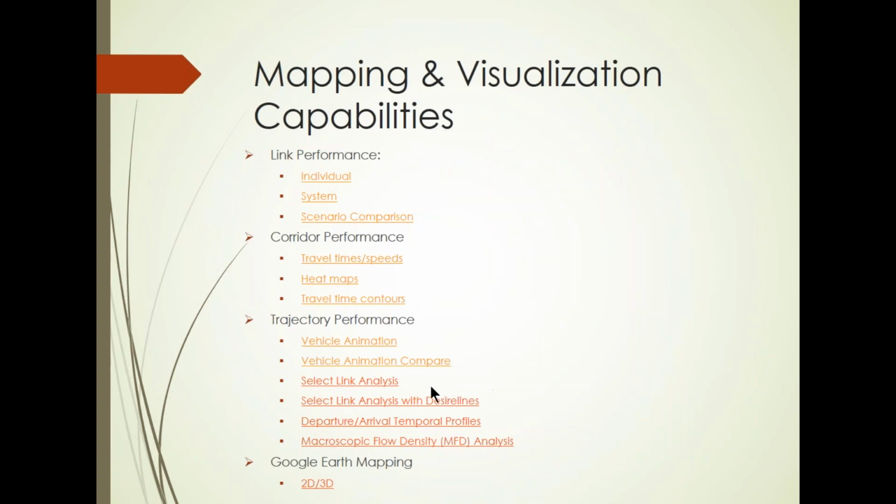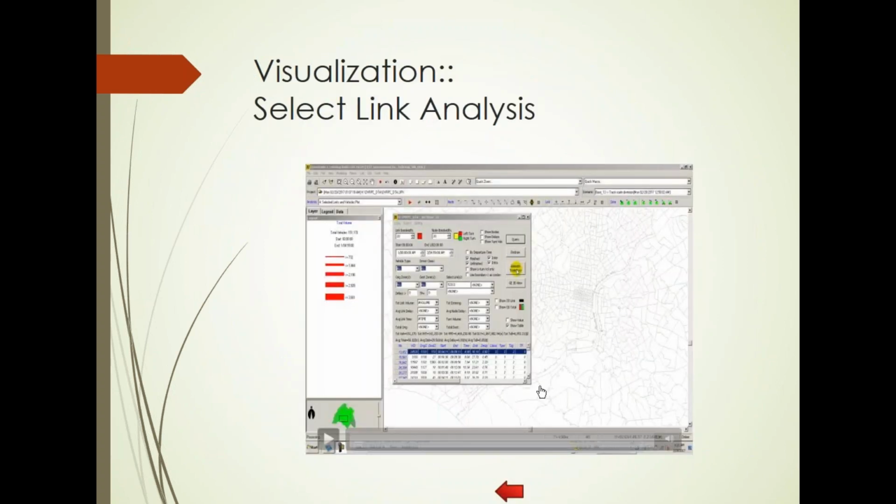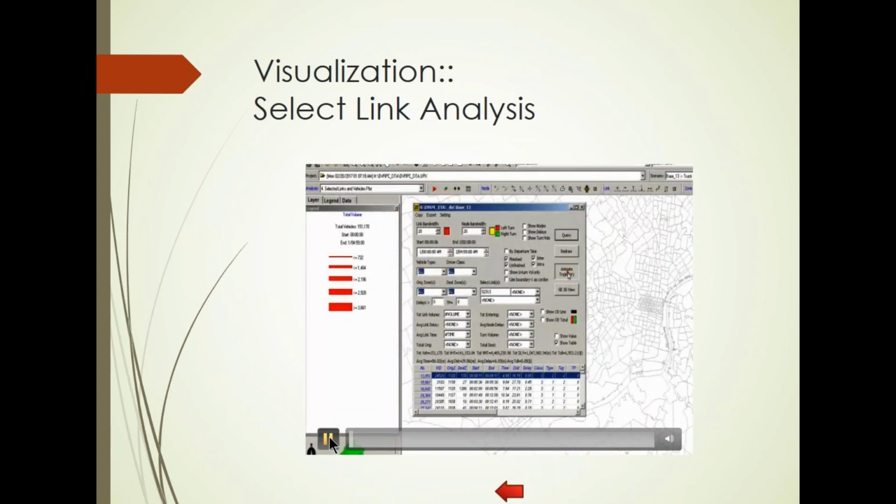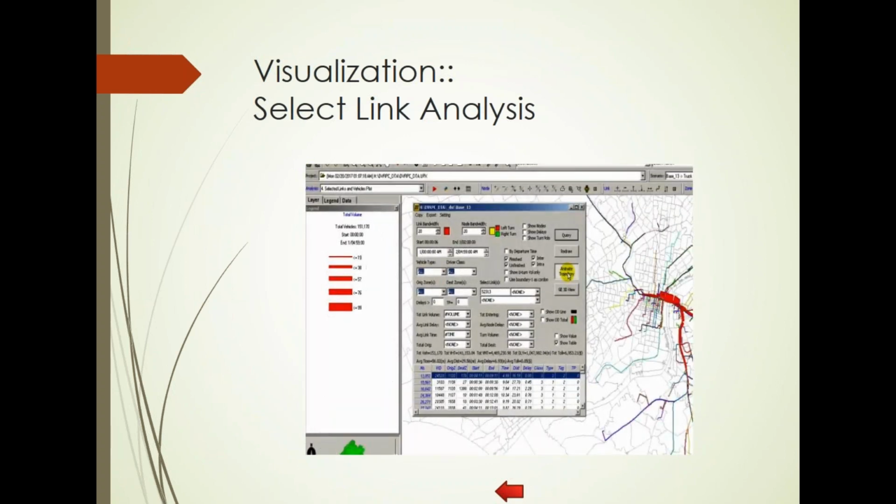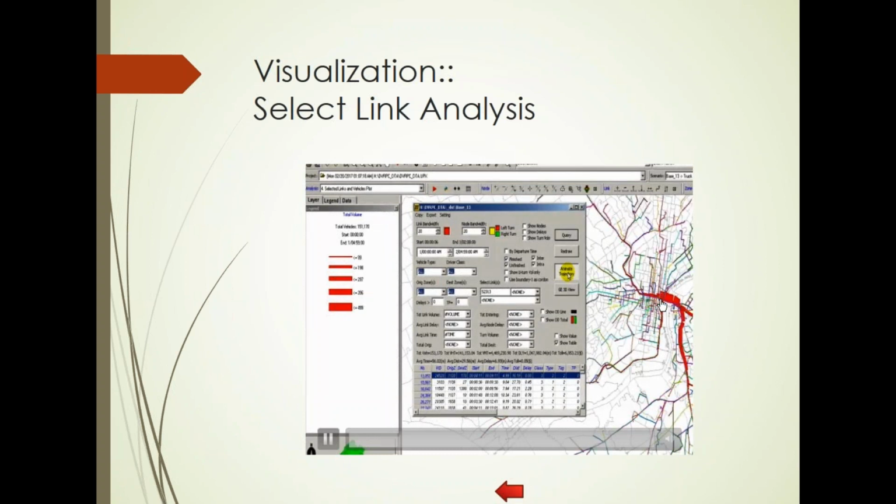Slot link analysis is a fairly powerful way of showing, for a link of your choice, how many cars are coming from and going to where. Where did they come from, where did they go to, and that's the purpose of slot link analysis. You can see that these are actually individual vehicle trajectories.